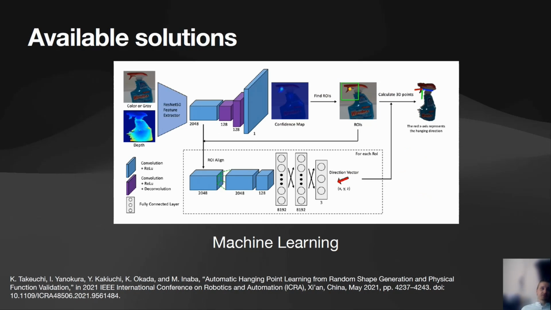Another approach that we could try is machine learning or deep learning. I could try to train a neural net or a set of policies that would be able to do a certain task on different objects, with the hope that it will generalize. For instance, this is research related to mine, because here the authors train a model that is able to find hanging points.